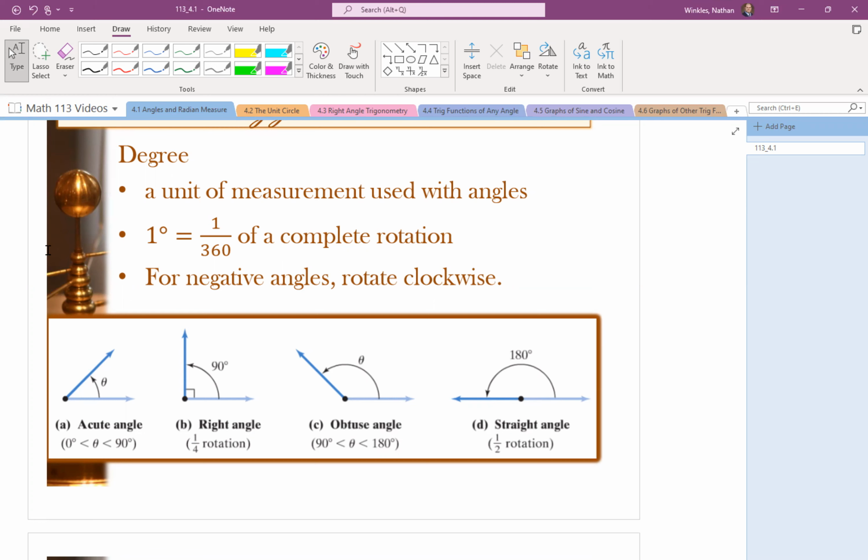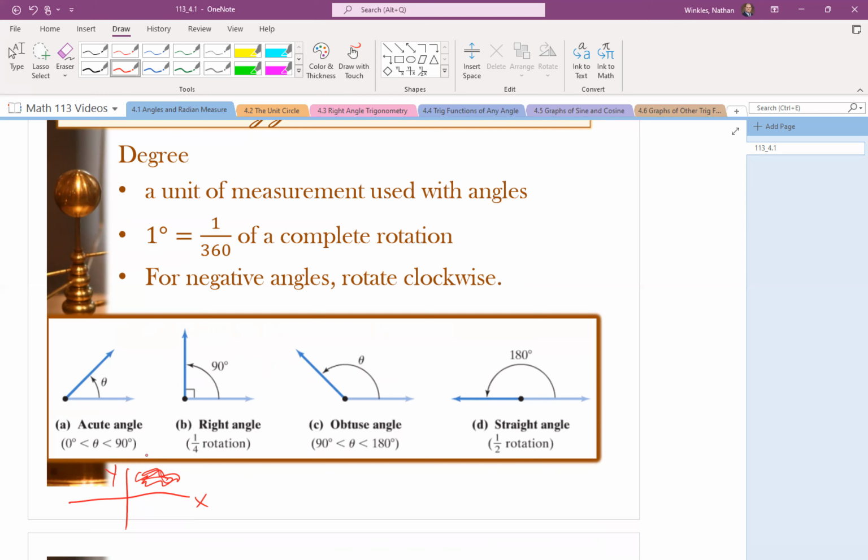So if we think back to our XY axis, an acute angle is anything that's in here, anything between the positive X and the positive Y. A right angle is also 1/4 the rotation of a circle, which is equivalent to basically saying we're on the positive Y axis and the positive X axis.